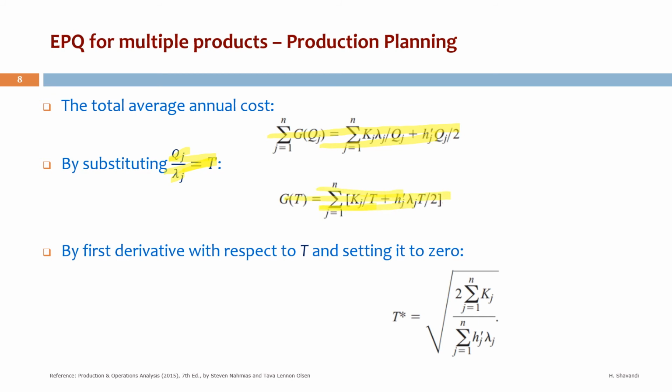As you see here, our average cost function is now in terms of T instead of Q. Now if we take the first derivative of this function with respect to T and set it to 0, we can obtain T star. So T star could be this. Now we have T star, and if we multiply lambda j by T star, then we can obtain Q star j for product j.